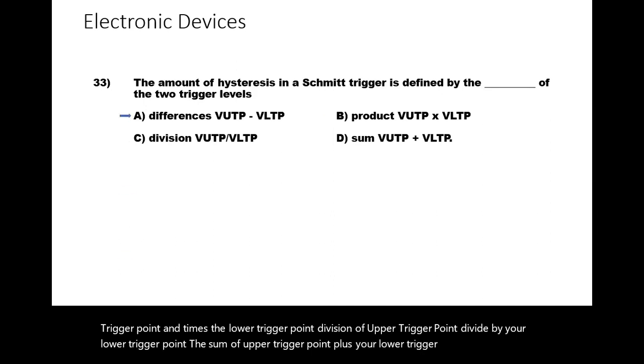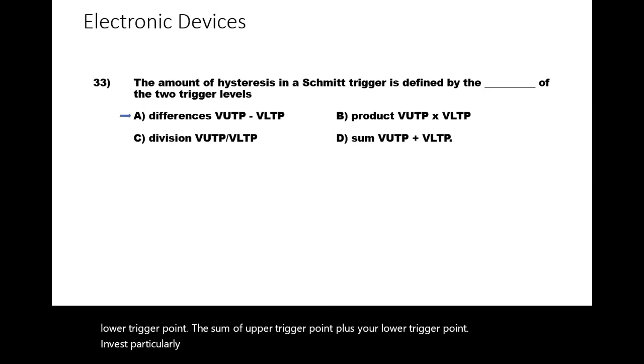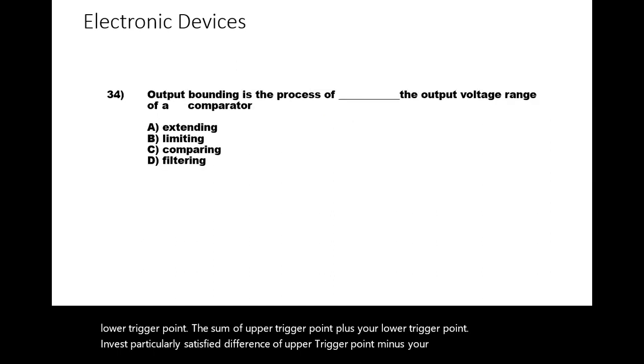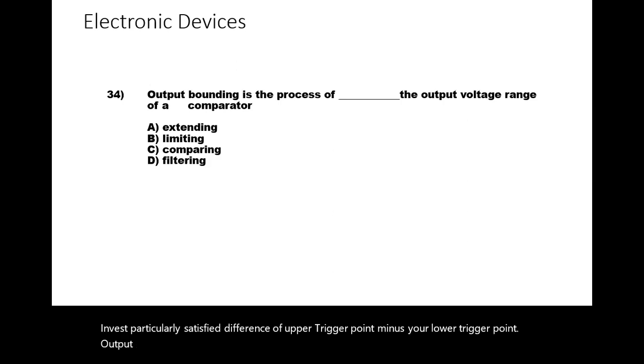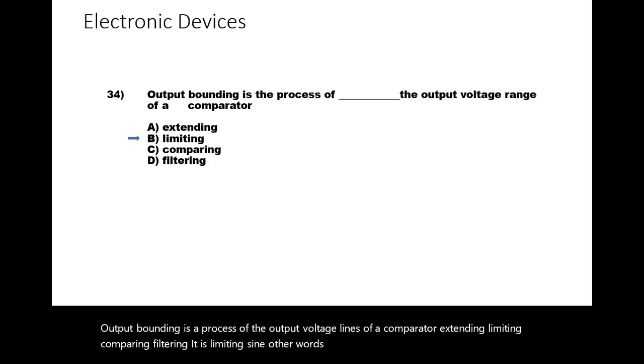In this particular case, it is the difference of the upper trigger point minus the lower trigger point. Output bounding is the process of what to the output voltage range of a comparator: extending, limiting, comparing, or filtering? It is limiting. So output bounding is the process of limiting the output voltage range of a comparator.